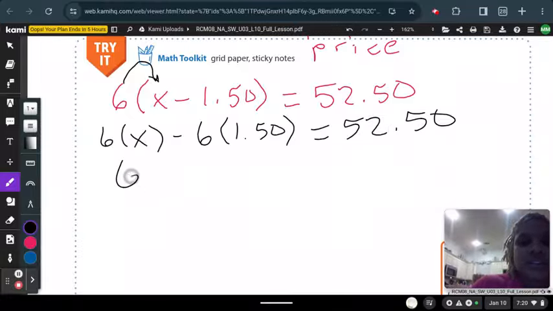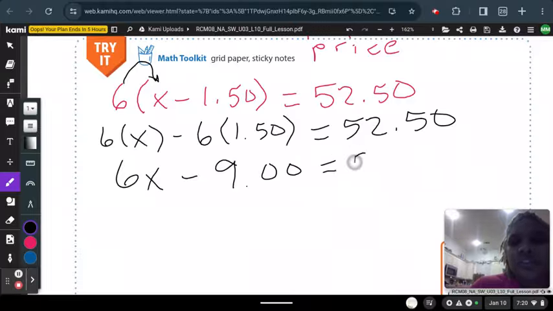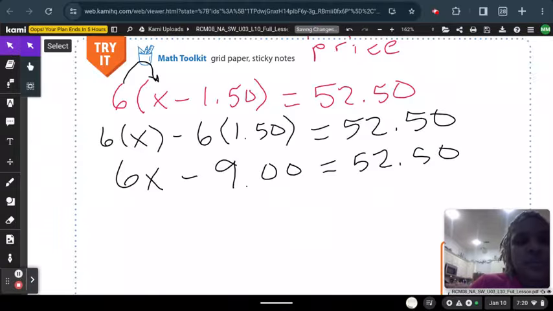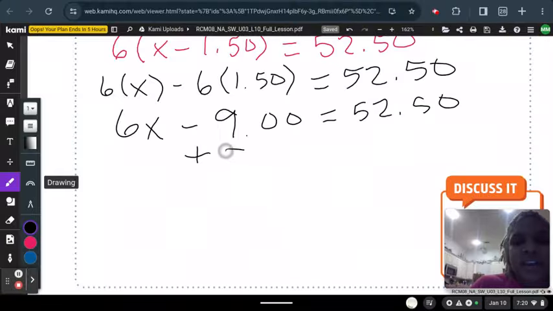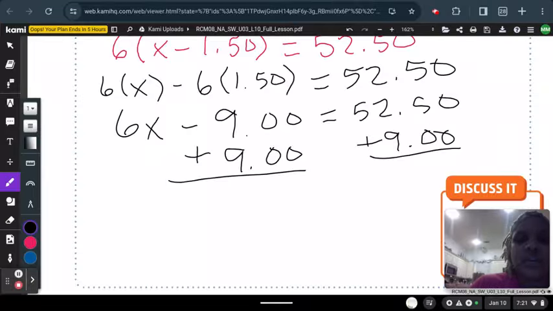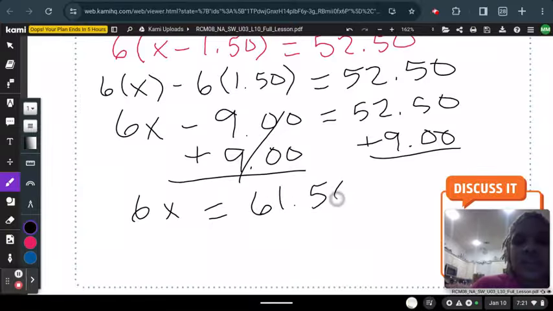When you multiply, 6 times x is 6x minus $9 equals 52.50. Now remember, we have our variable on one side. We want to bring that constant, which is 9, to the other side. So we're going to add 9 to both sides because it's already subtracted, and we want to do the inverse on both sides. That cancels and leaves me with 6x equals 61.50.